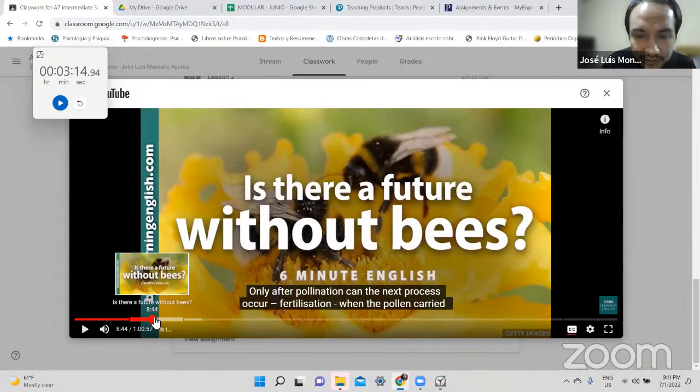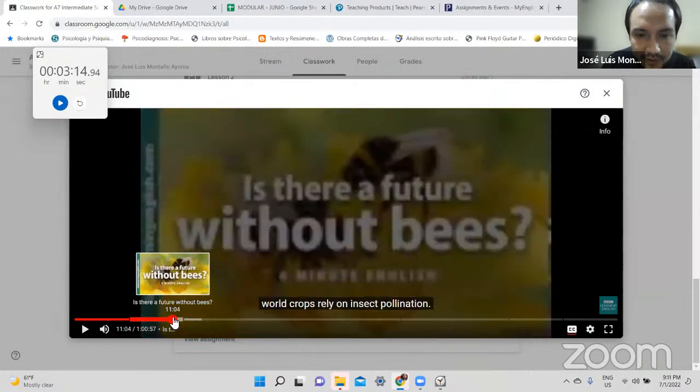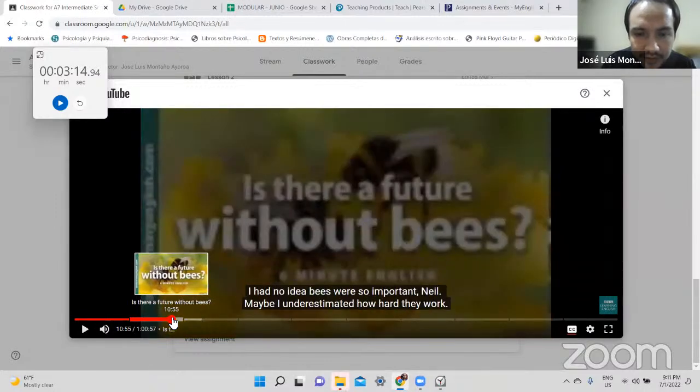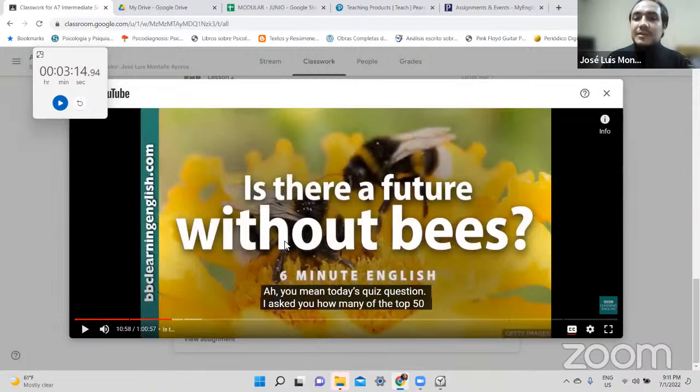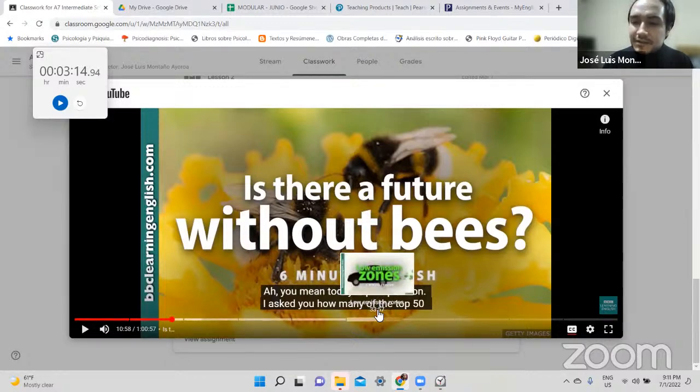But the question was this one here. All right, so here, from the top, it says there are top crops, crops like cultivos. From the 50 top crops that we have as humans, Karen, how many of those 50 are pollinated by insects?